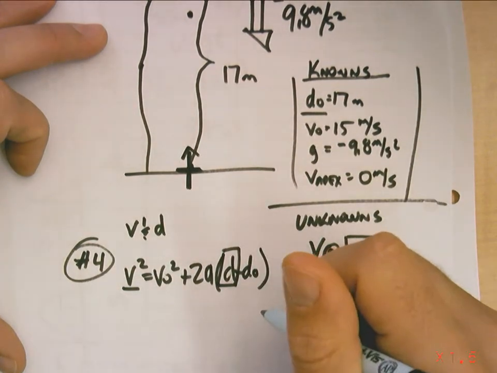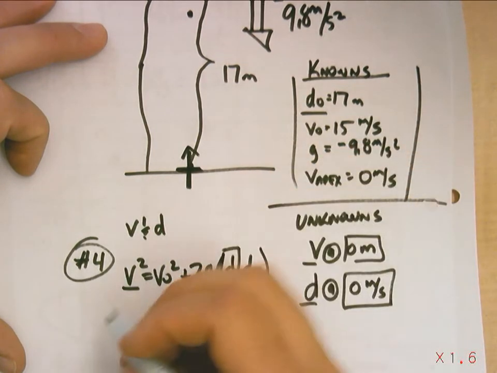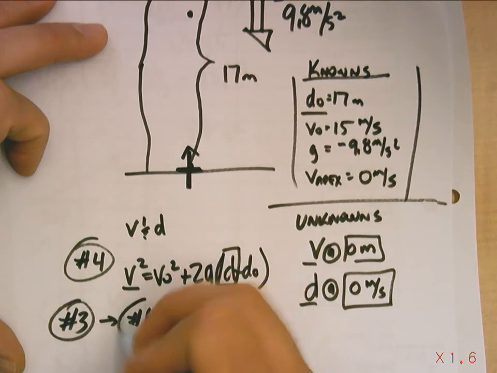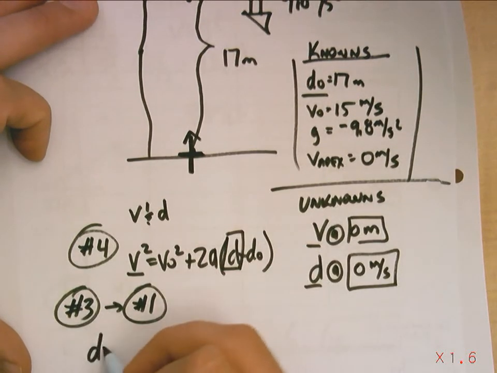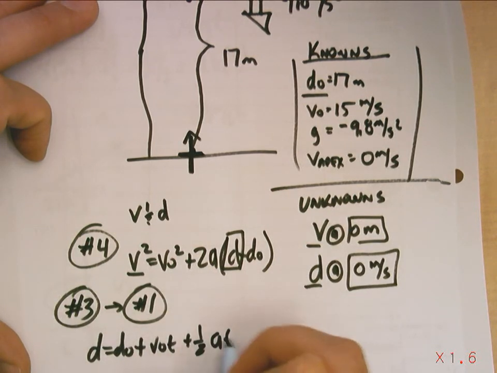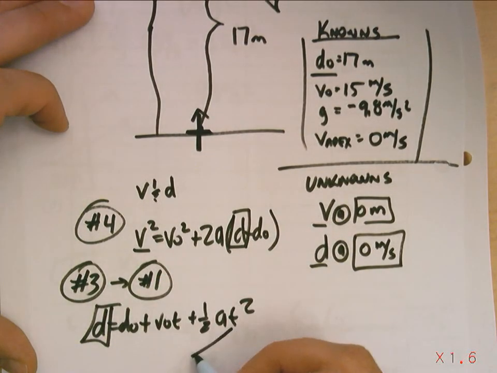I could also do a 3-1 combination to get v. So I could also do a 2-step and do a 3 followed by a 1. If I do a 3-1, it's d equals d naught plus v naught t plus 1/2 a t squared. What I want to do is box up d, and I want to get t. Notice that I'll have 2 t's, and I want to take the positive root.